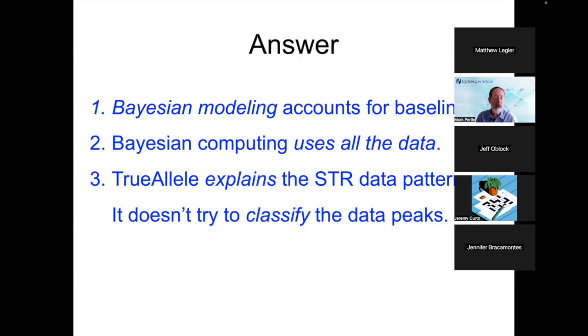There are hundreds of thousands of them. The concept is to use computers to explain in every possible way instead of trying to do something impossible, like say, I know that this is a stutter peak or background noise. How would you know if you're looking at a 2% mixture component? I really don't know. Next.